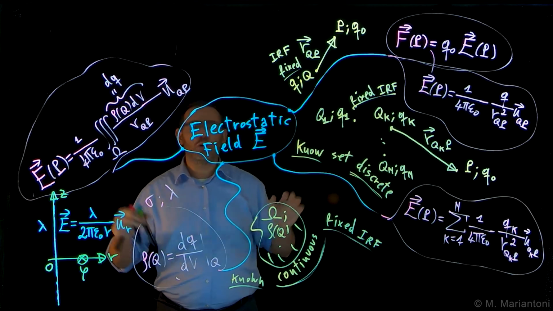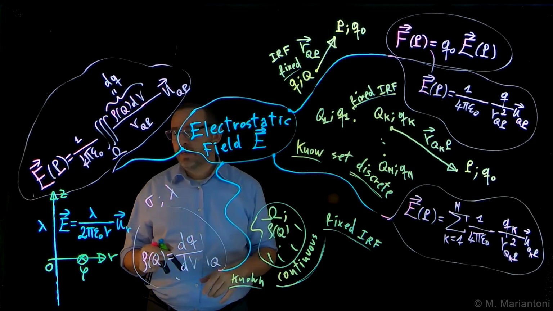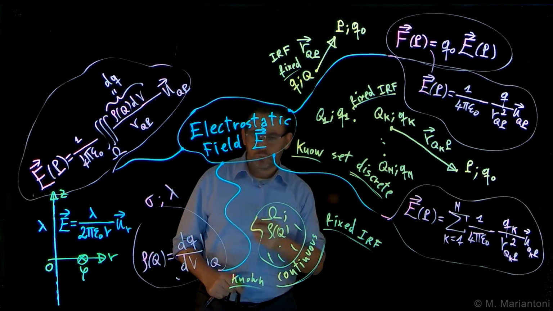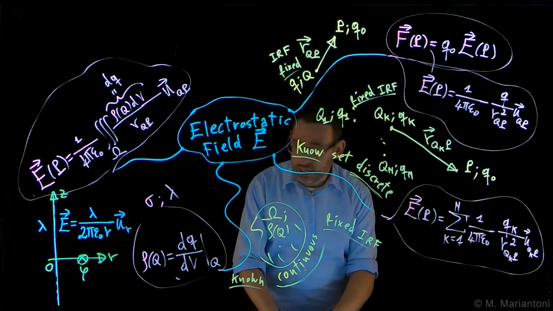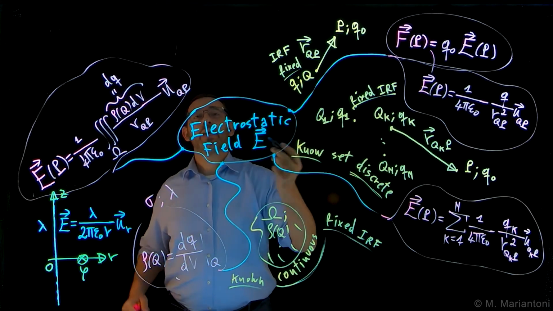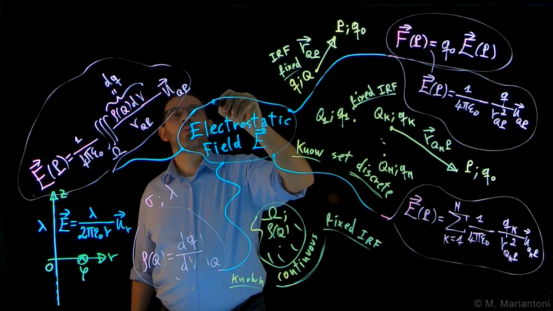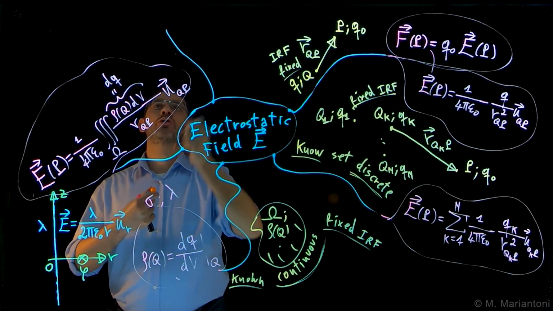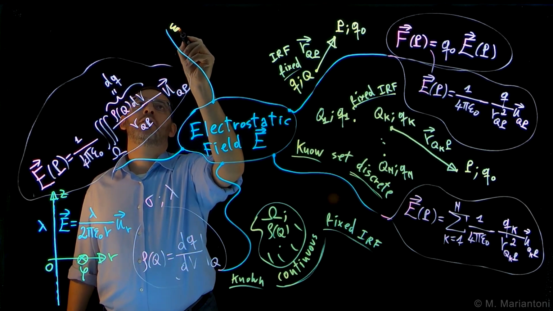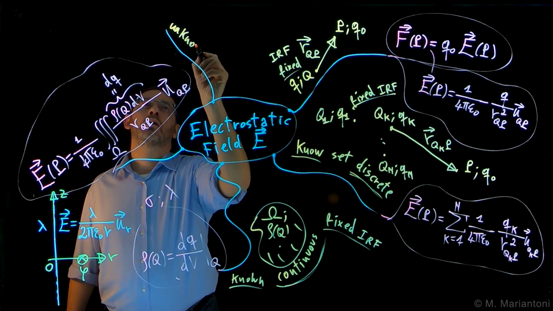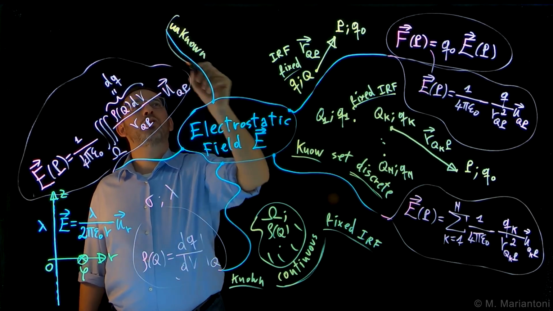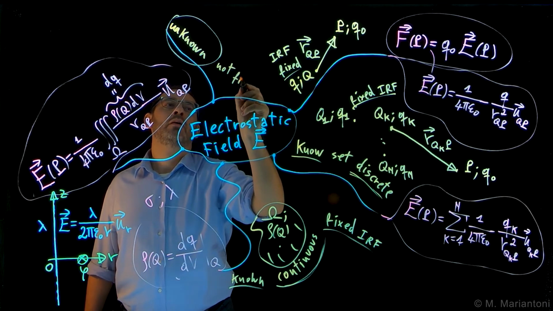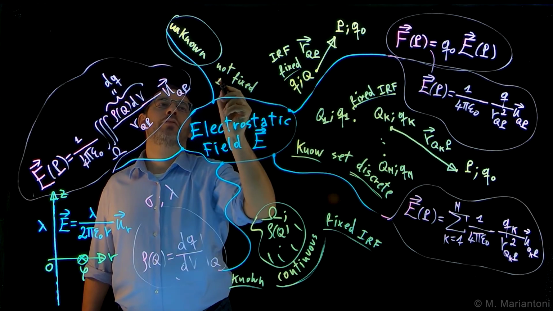We also have done other examples like the infinite plane, the circular charge, the charge loop, etc. One last comment which is worth making here is a special case when we do not know the distribution of charges, unknown distributions, and they are not fixed in an inertial reference frame.